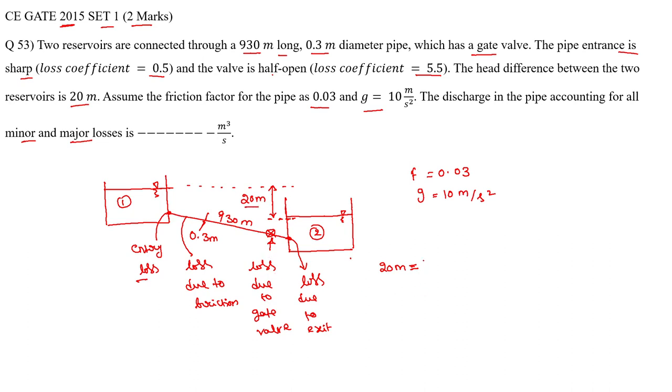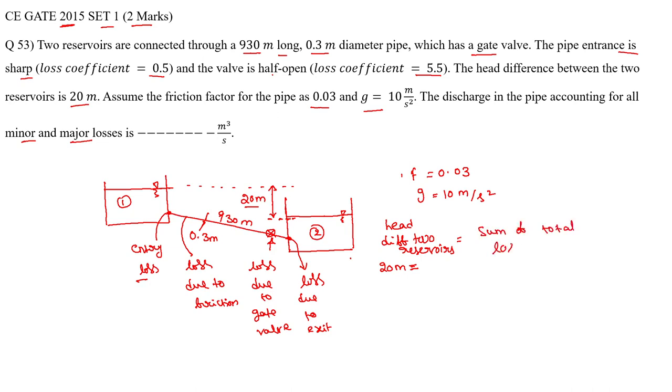So the head difference between the two reservoirs is equal to the sum of total losses.